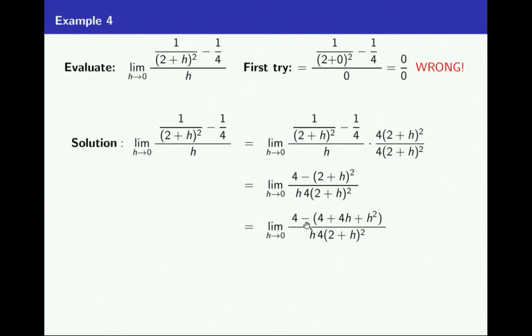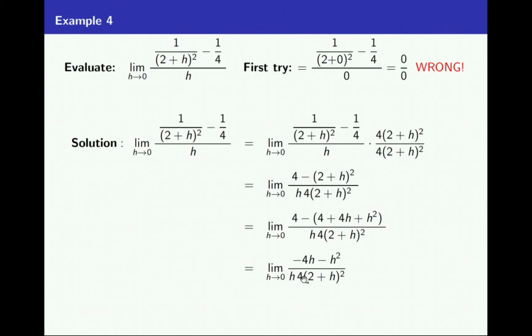And those cancel out, and that negative will change the 4h to a negative 4h and the h squared to a negative h squared. So after the 4's cancel, we get the limit as h approaches 0 of negative 4h minus h squared divided by h times 4 times 2 plus h quantity squared.